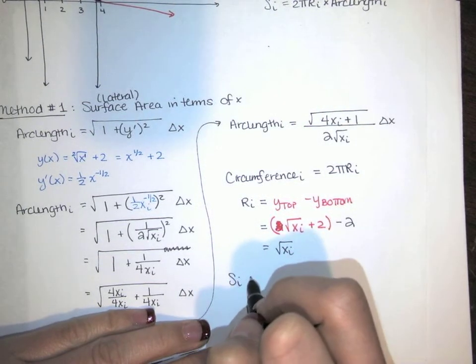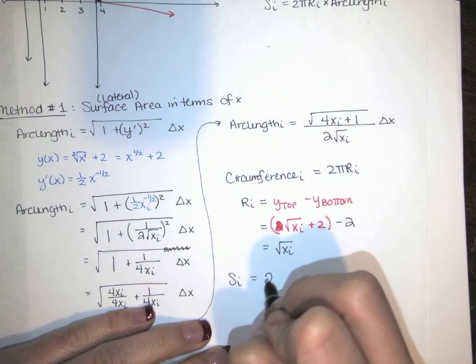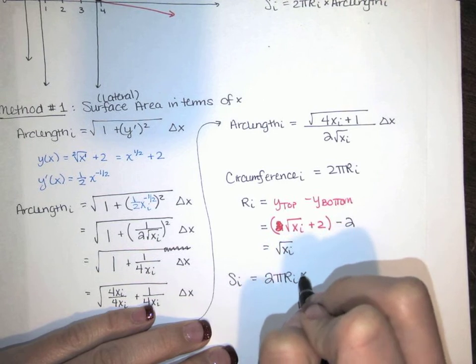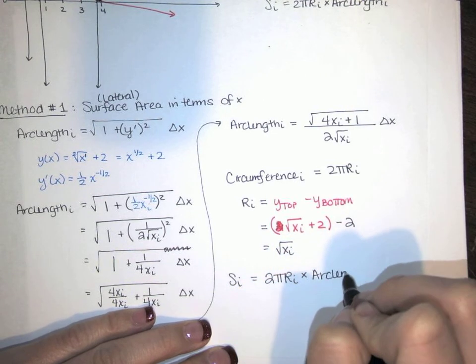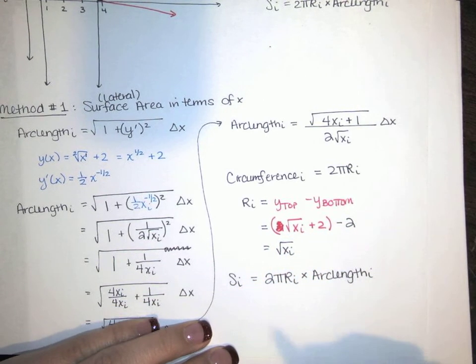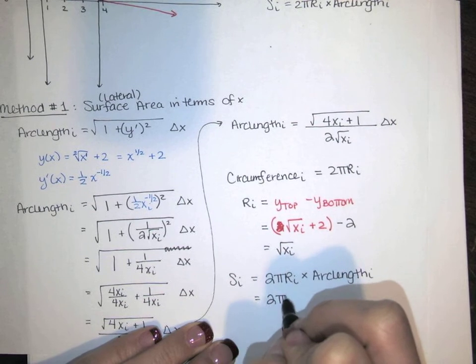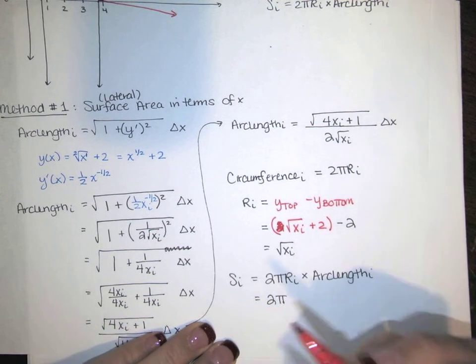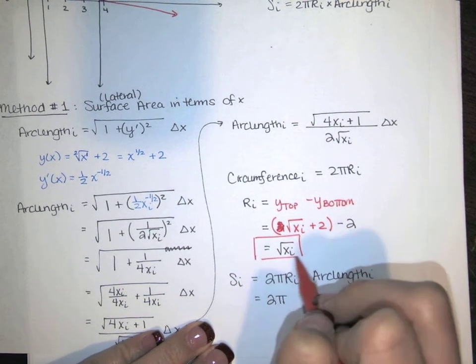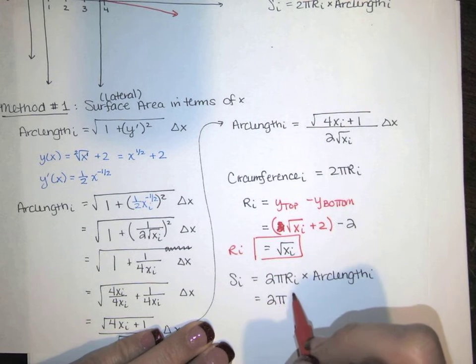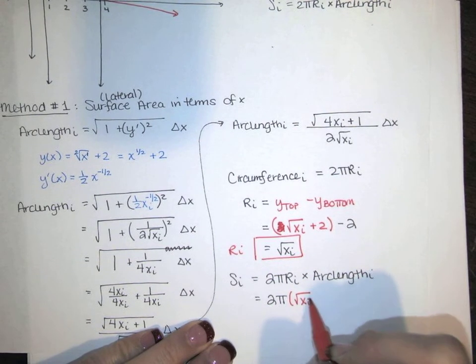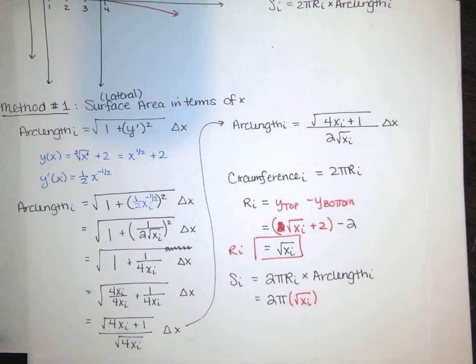Okay, so now we can put the pieces together. S sub i is the circumference, so 2 pi times the radius, times the arc length. And so we get 2 pi, and the radius is right here, that's our r sub i. So I've got the square root of x sub i there. And our arc length, that's this guy up here.